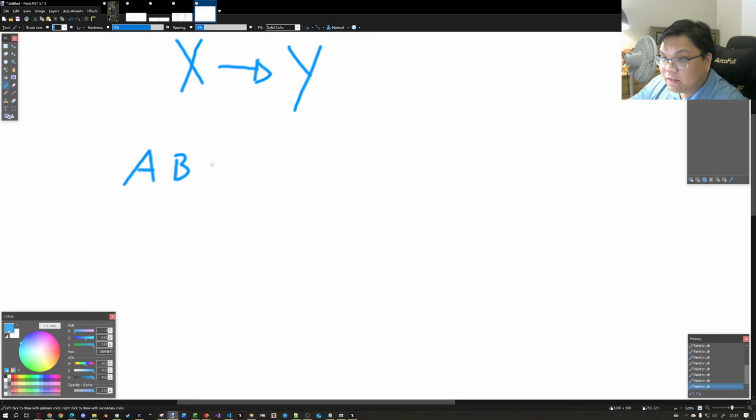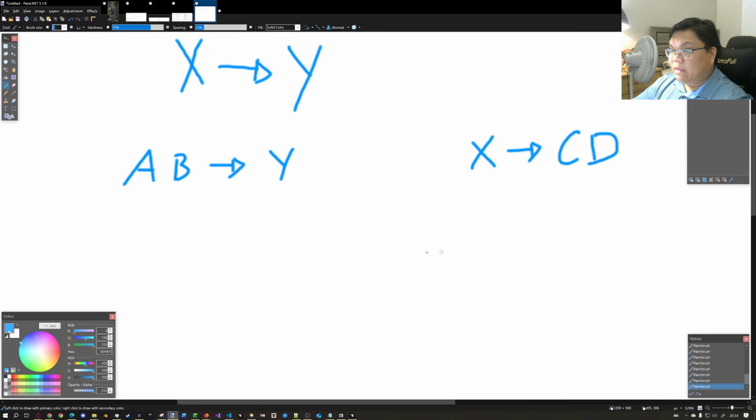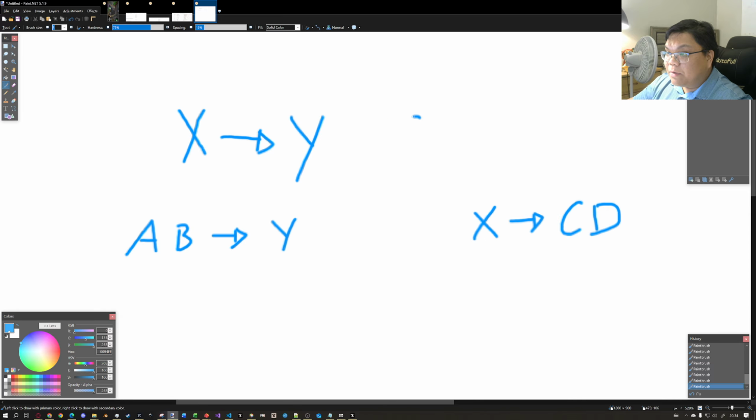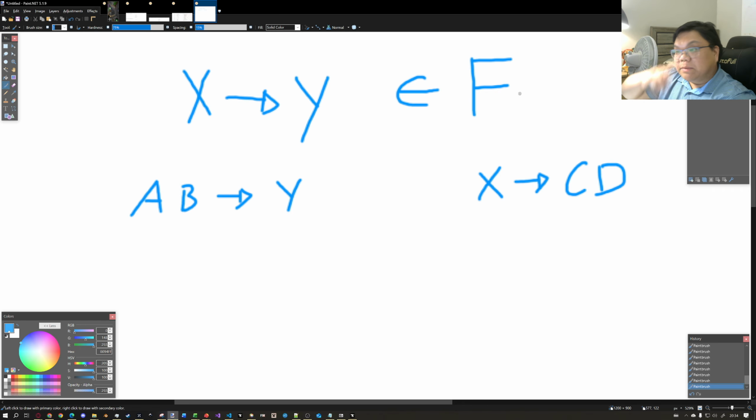AB determines Y. And for the other one, X determines CD. So X determines Y is a member of a set of functional dependencies F. So there are more functional dependencies than just X determines Y.